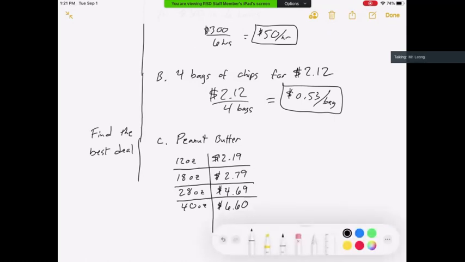Okay, so how do I do that? Well, just do what we did on the last couple problems. We divide. I'll do this first one here: $2.19 divided by 12 ounces. Go and plop that in your calculator for me.